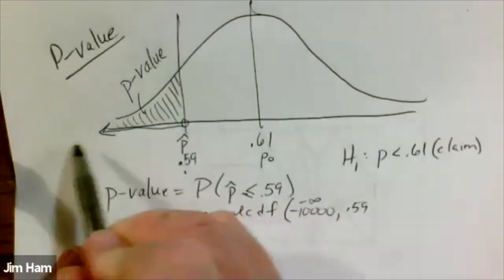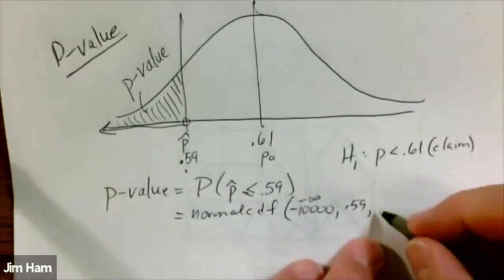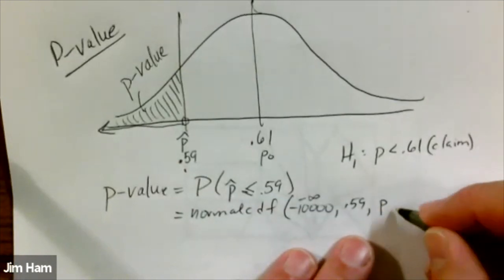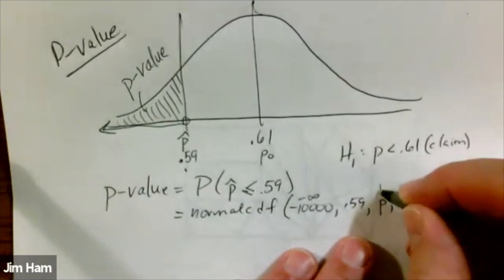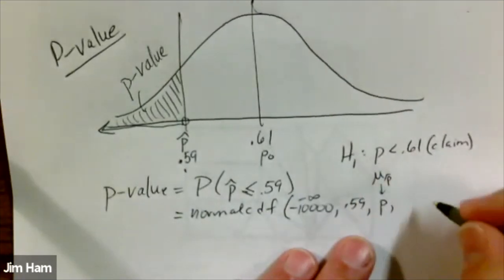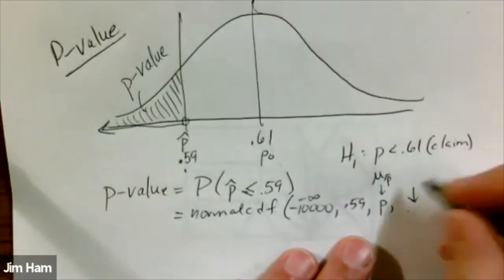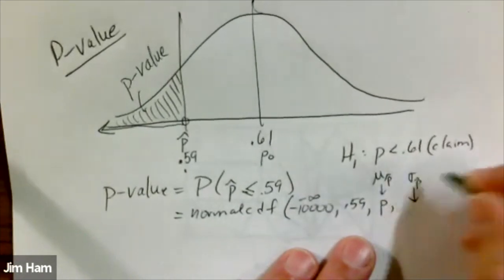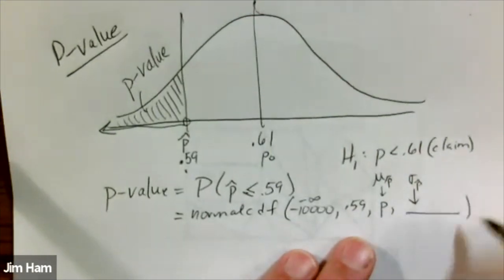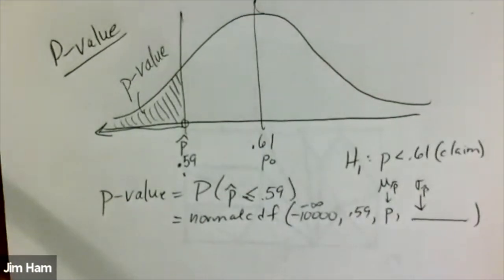That's the region here. Then we would have to enter the population proportion, that's the mean of the p-hats, and then the standard error term, whatever that turned out to be, so we'd have to calculate it. But the beauty is that we're not going to have to do this normal calculation from here on out, because we have a calculator function that will calculate this for us.